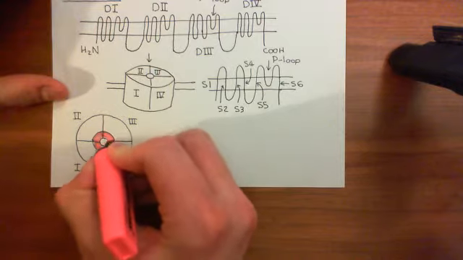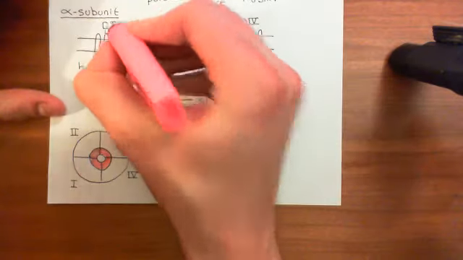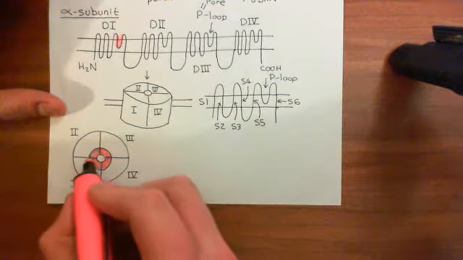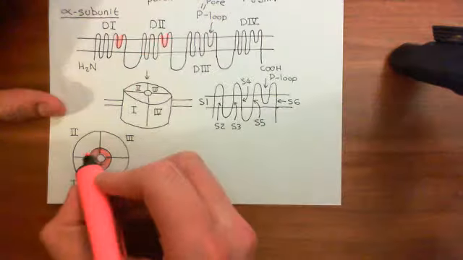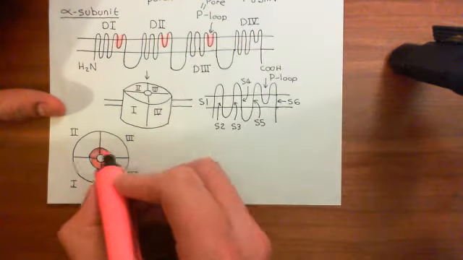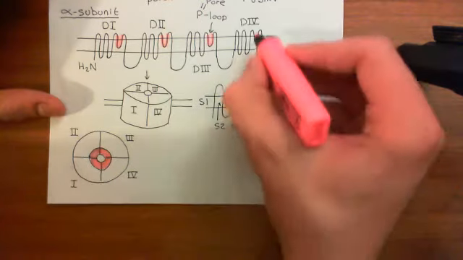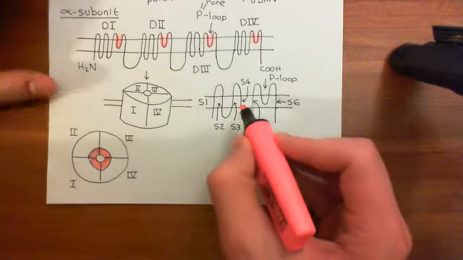This is the P-loop of domain 1, so this is this portion in domain 1. Here is the P-loop in domain 2, so that's this portion here. This is the P-loop in domain 3, that's this portion here. And this is the P-loop in domain 4, that's that portion there.